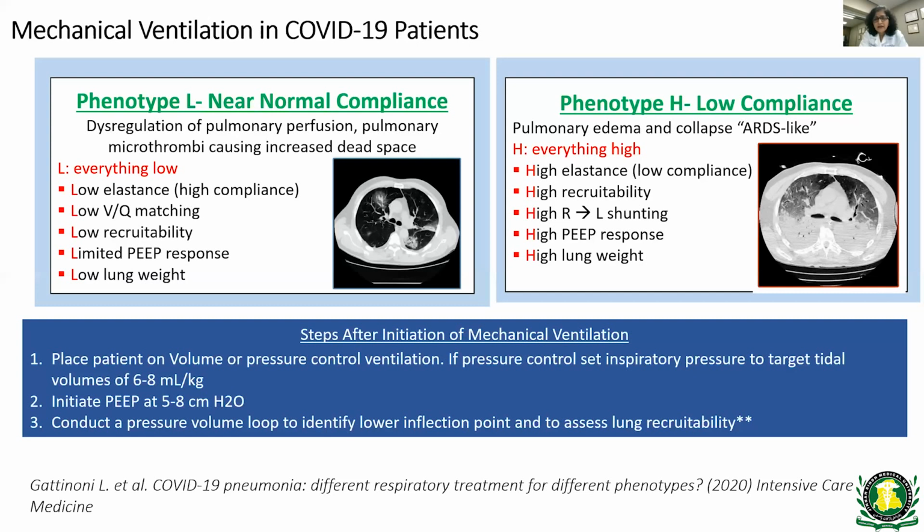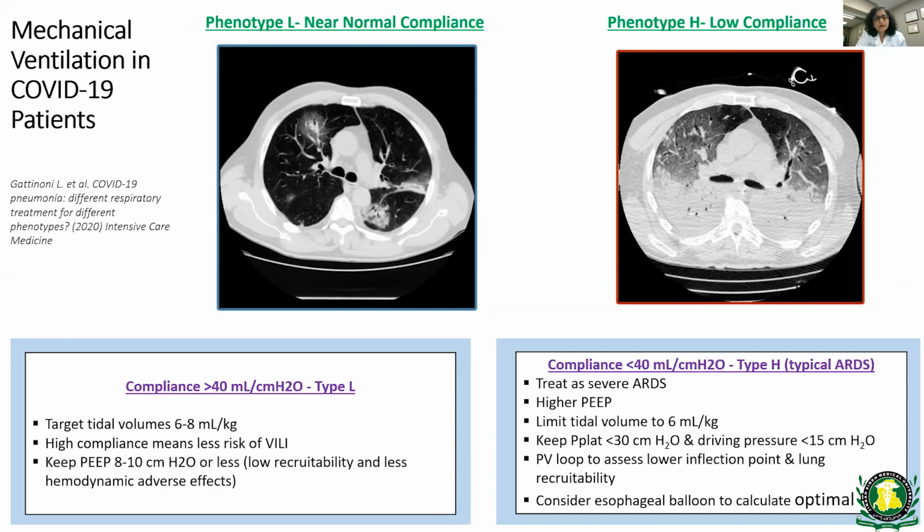So set the tidal volumes to be 6 to 8 mLs per kg. Initiate the PEEP at 5 to 8 centimeters of water. Then conduct a pressure volume loop to identify the lower inflection point and also assess for lung recruitability. So once you have done all this, you would figure out if the patient has phenotype L or phenotype H.